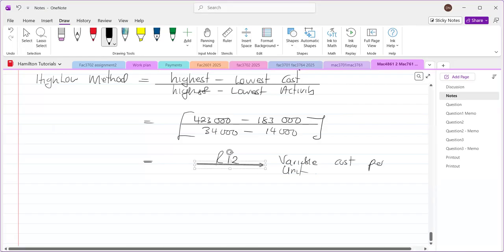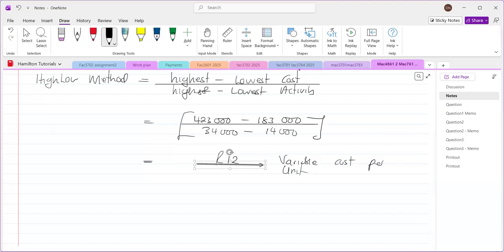Right, once we have the variable cost per unit, then we can go and calculate the fixed costs. So what we have is the element of the variable costs. I'm not sure if I'm following, but the high-low method depends on the cost if we have an anomaly.